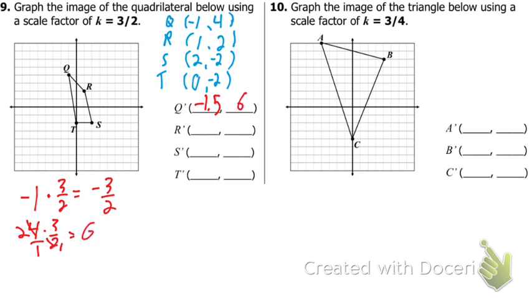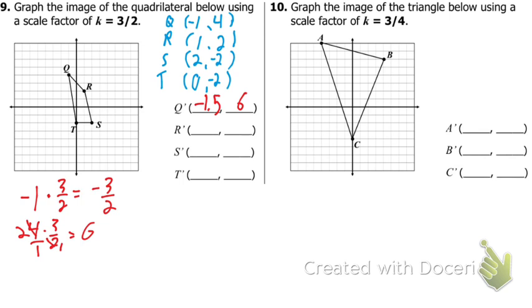We're multiplying each number by 3/2, and that's our new one. So if I multiply -1 by 3/2, I get -3/2, which is the same thing as -1.5. Decimals are a little bit easier to graph with. Does it make sense how we get the numbers, or are you wondering how we graph the decimal? Go ahead and get these numbers first, and then we'll graph the decimals in a moment.